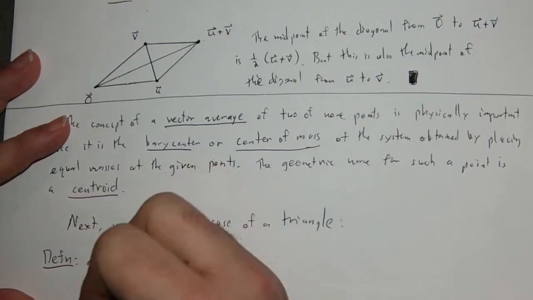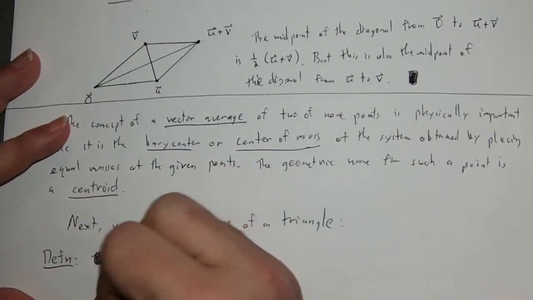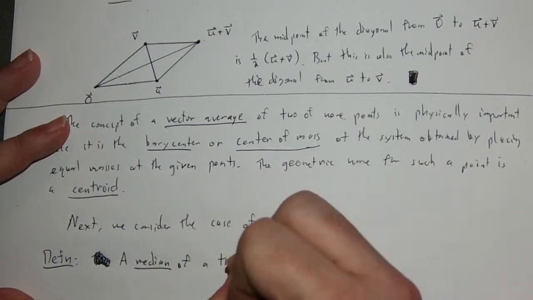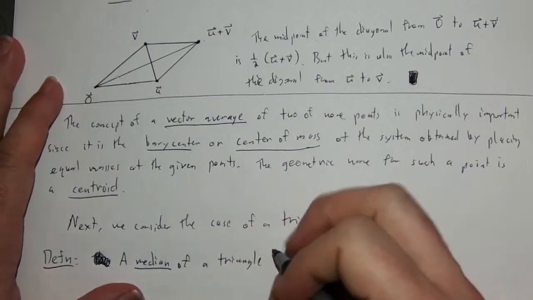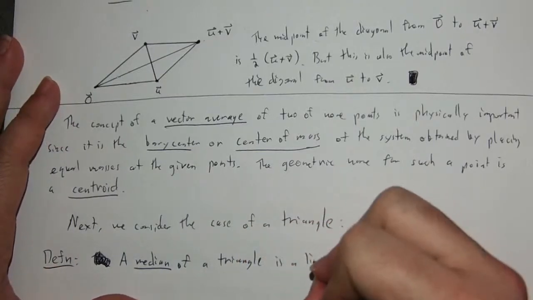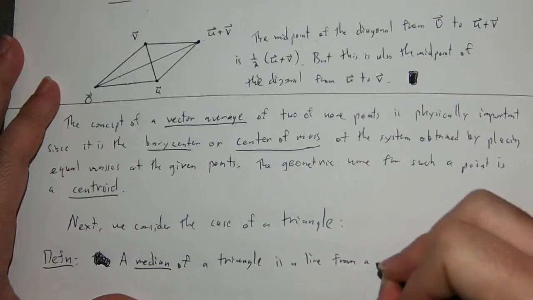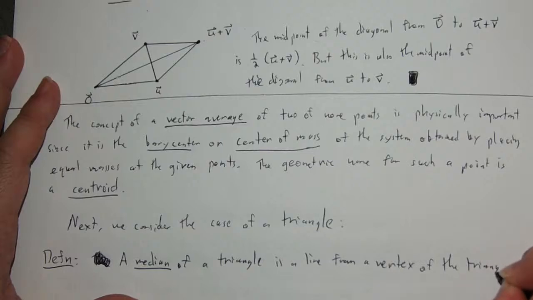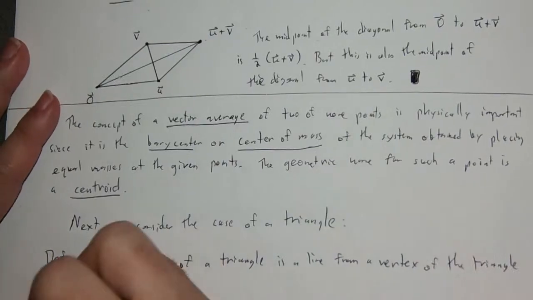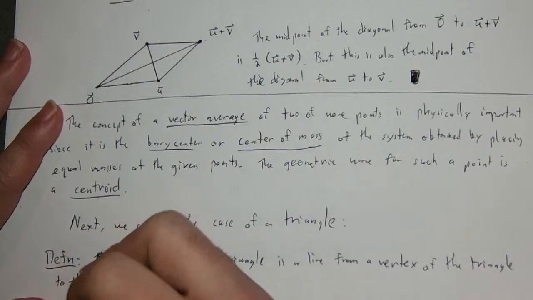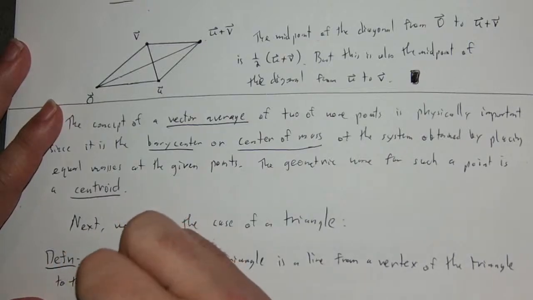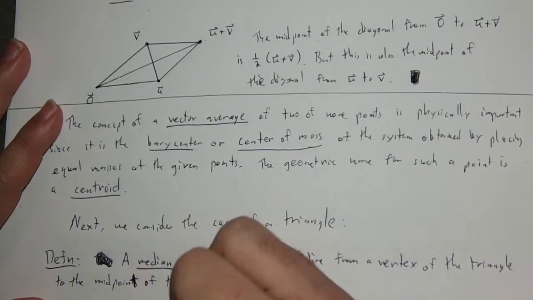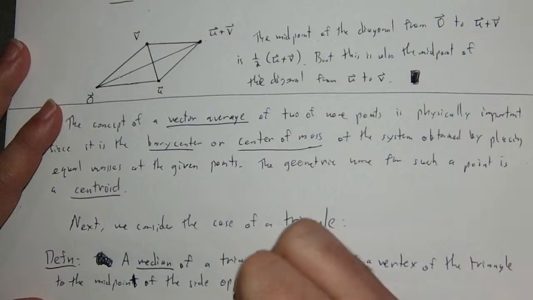A median of a triangle is a line from a vertex of the triangle to the midpoint of the side opposite the vertex.